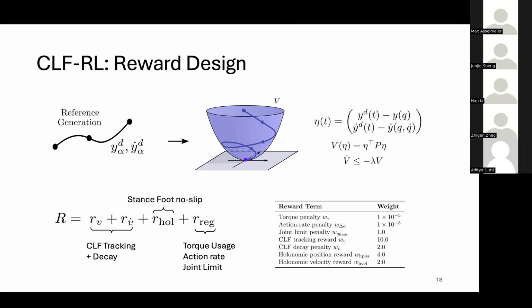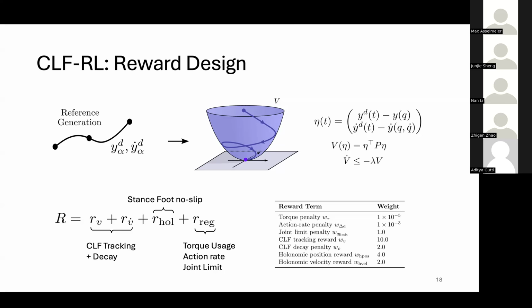To get this to work, we also have a regularization and a holonomic reward. This holonomic reward is just saying the contact foot shouldn't slip. I have actually since been able to remove this reward. And to be honest, it doesn't really do anything having the reward or not having the reward, since it aligns with the trajectory optimization. But for the original work, the paper we published, we did have it in there.